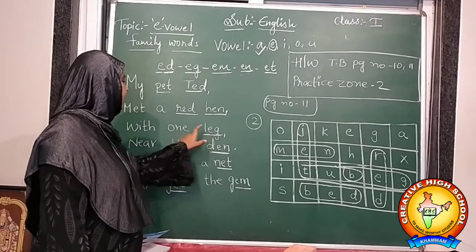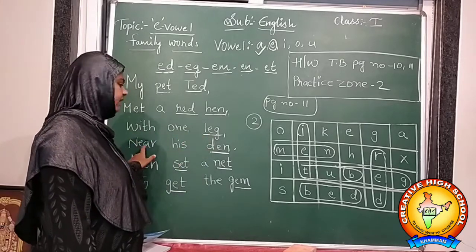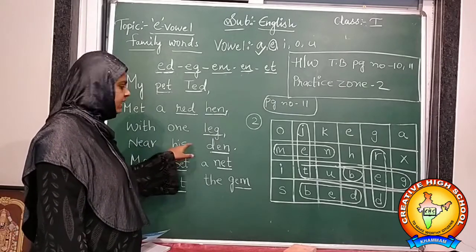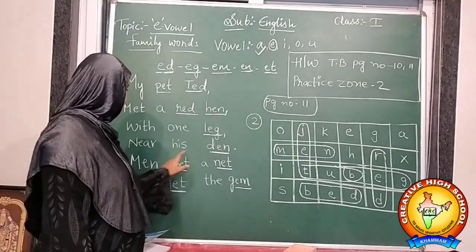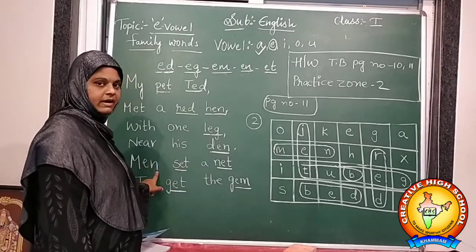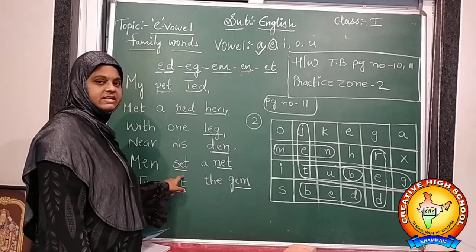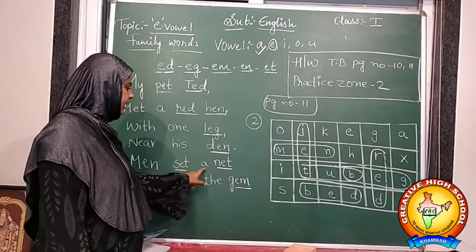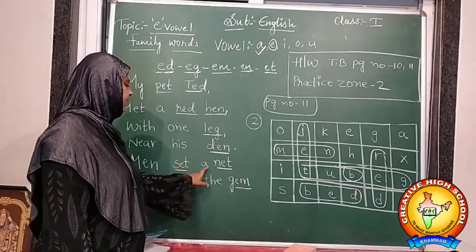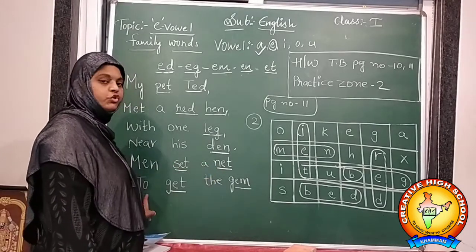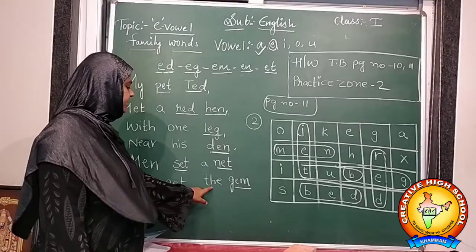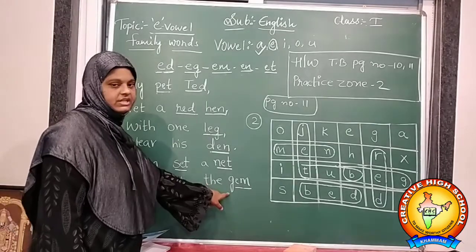With one leg. N-E-A-R near. H-I-S his. D-E-N den. Near his den. M-E-N men. S-E-T set. A N-E-T net. Men set a net. To. G-E-T get. T-H-E the. G-E-M gem.